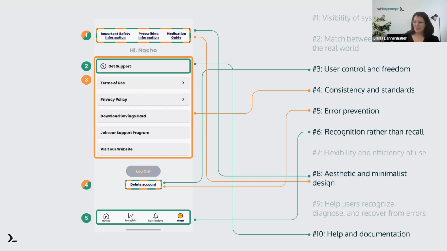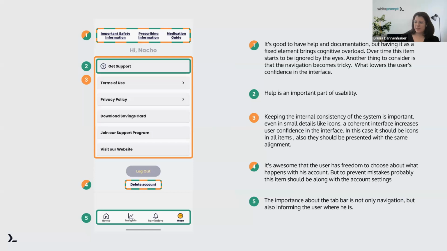We categorize the heuristics and we explain topic by topic what is wrong, what is right, what's important to consider, and so on. So this is part of one real life audit that we did here at Python.